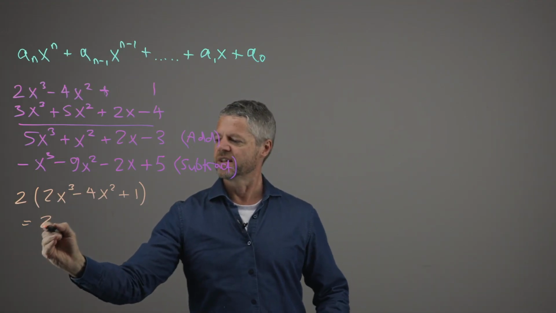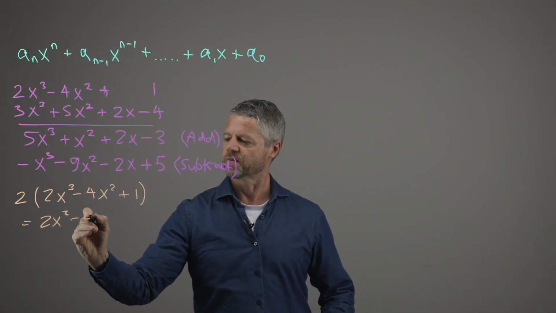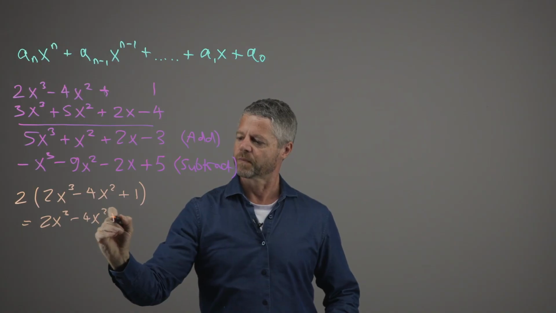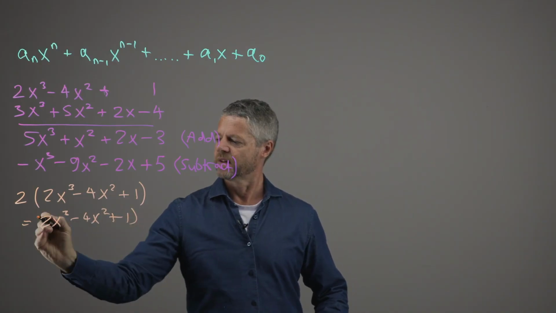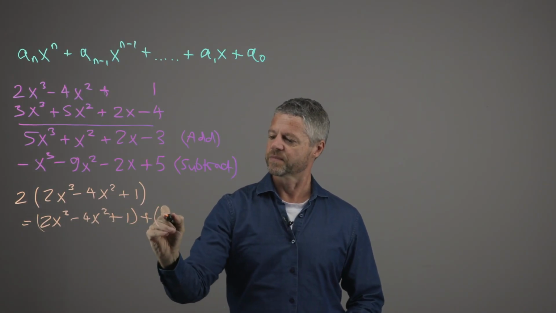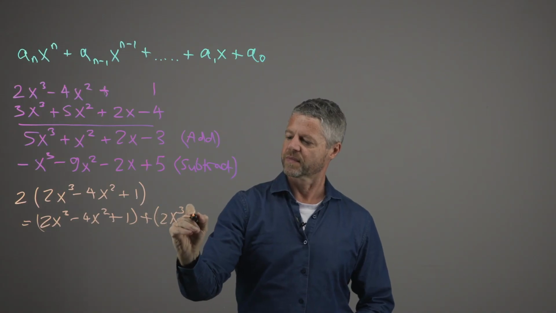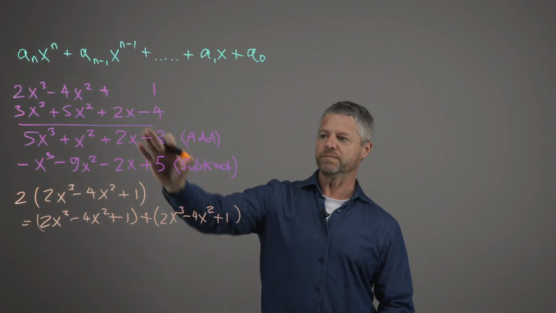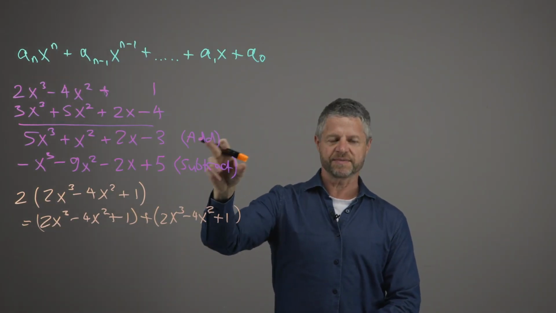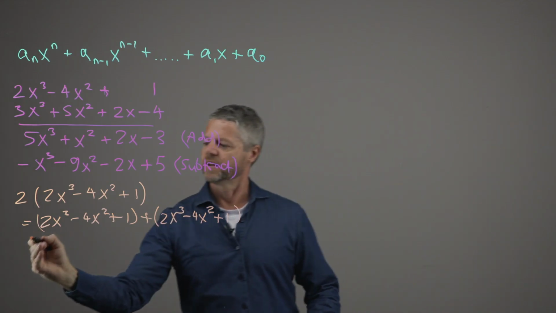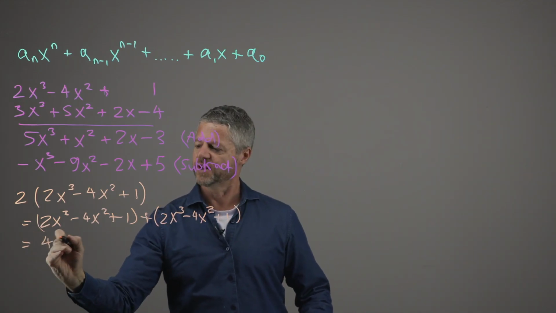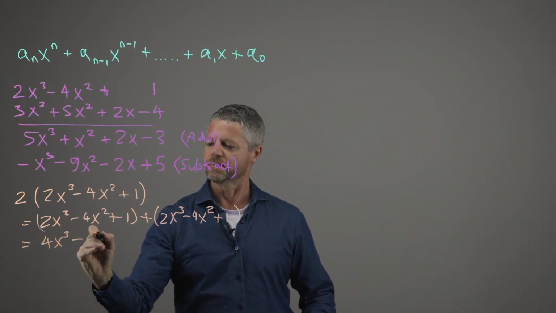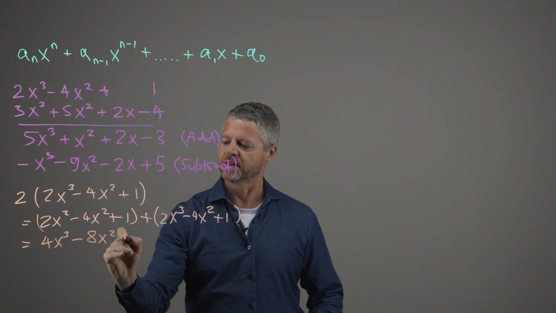So it's one of these, and then another one. And we know how to do addition because we just did it a few minutes ago. So we'll have 4x cubed, and we'll have minus 8x squared plus 2.